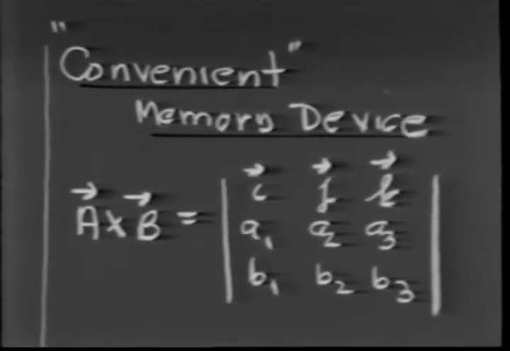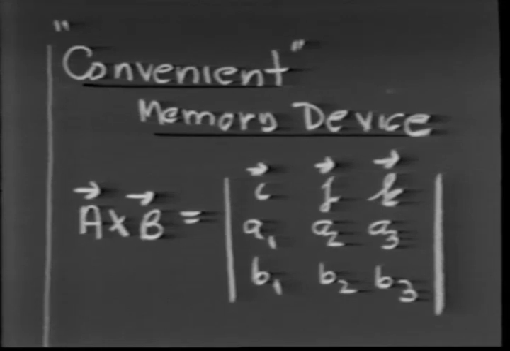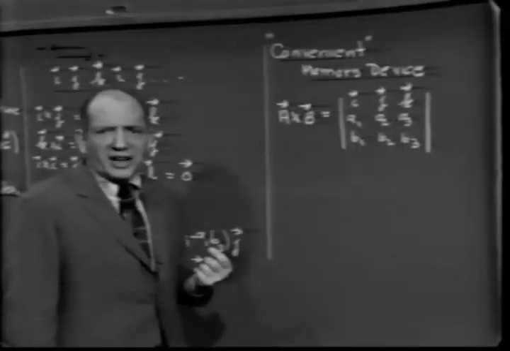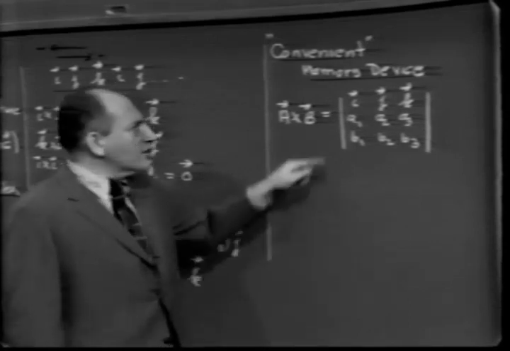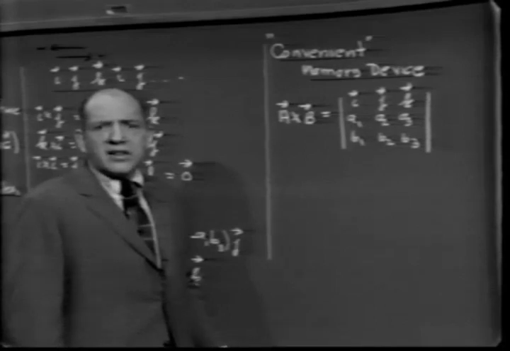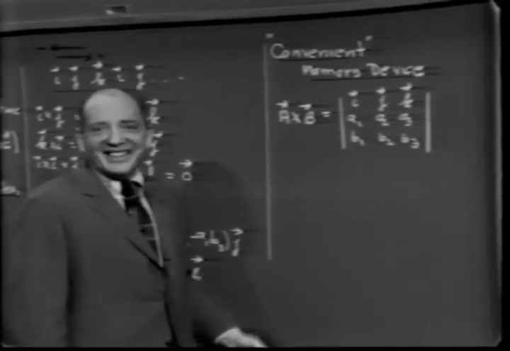In fact, if one were going to list in order the reasons for inventing determinants, and the man was reading off a very, very long list, and you were getting bored, as soon as he came to the reason that it was convenient to list the cross product, you could heave a sigh of relief because you would know that he's near the end of the list.